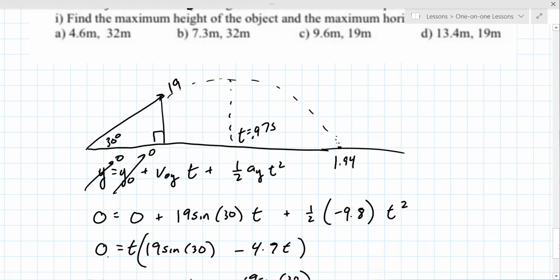We were solving for when it hits the ground, but more generally it's y equals 19 sine 30 t minus 4.9 t squared. And the only variable there is t, but t equals 0.97.